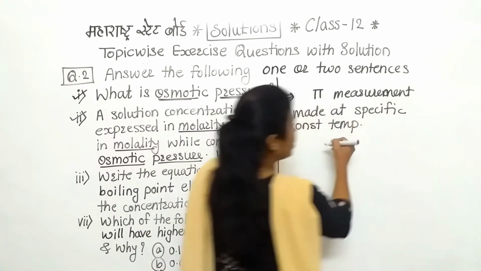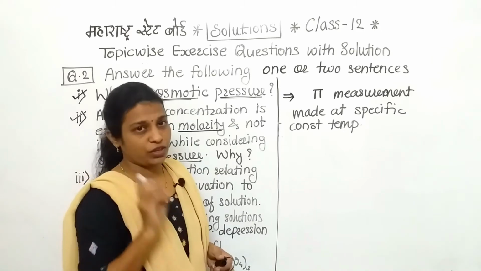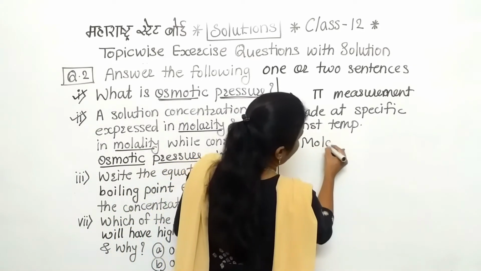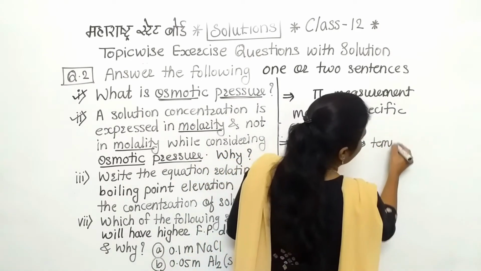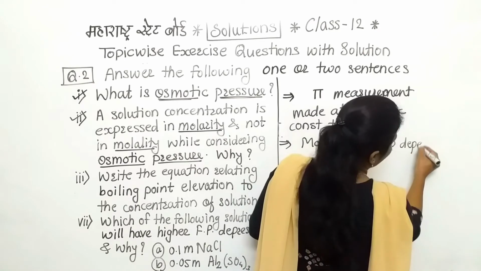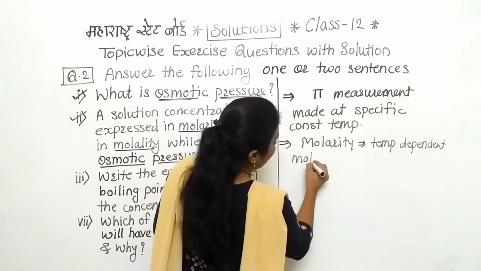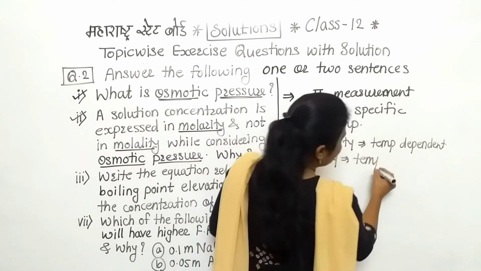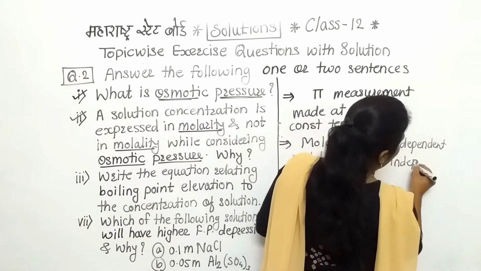Means here we have to consider the temperature. It is constant, but we have to consider a specific temperature. That's why we consider molarity, which is temperature dependent, while molality is temperature independent, means it does not depend on the temperature.